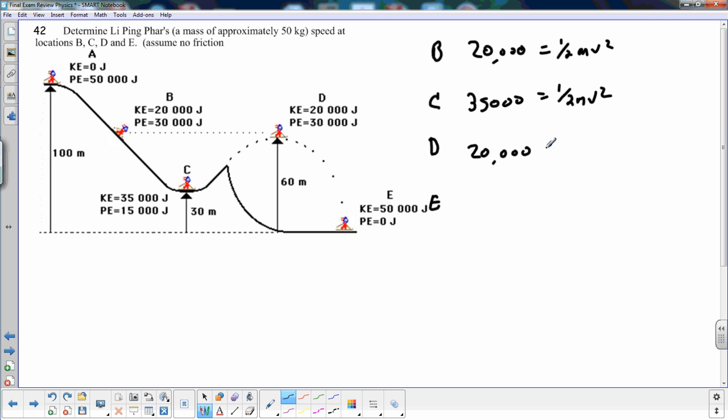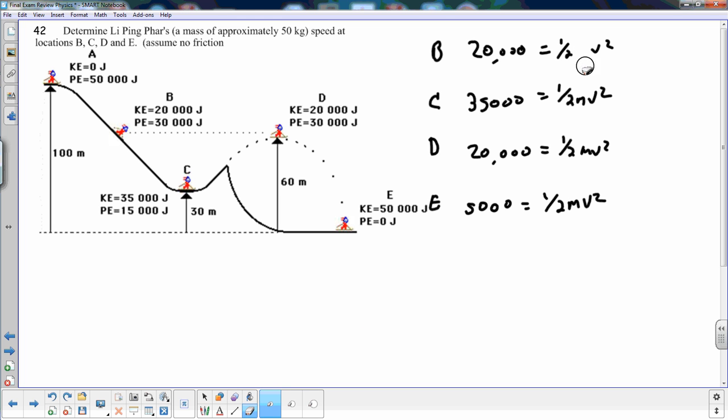We use one at a time. 20,000 times 2 divided by 50. Take the square root. So that one is going to be 28 meters per second. And actually, 20,000, 20,000 is going to be the same. 28 meters per second. 35,000 times 2 divided by 50 equals that.